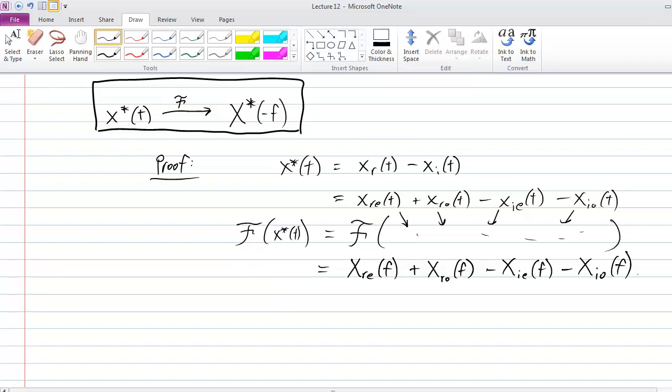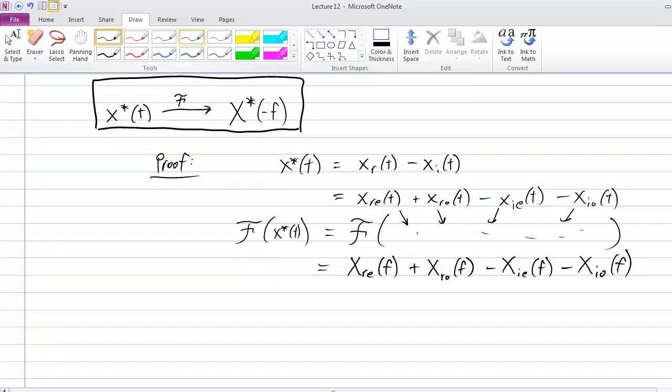Now we're going to notice a couple of things. What do we know about this guy? Well, if it was real and even in time, then it is real and even in frequency. What do we know about this? It was real and odd, so now it's imaginary and odd.